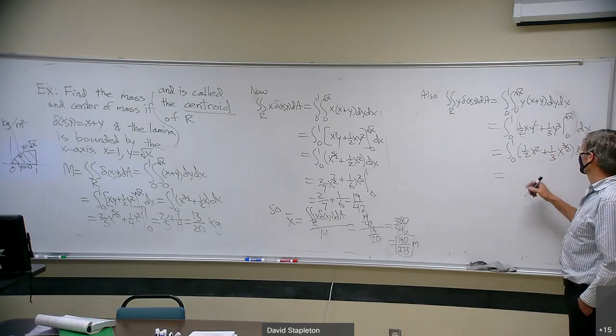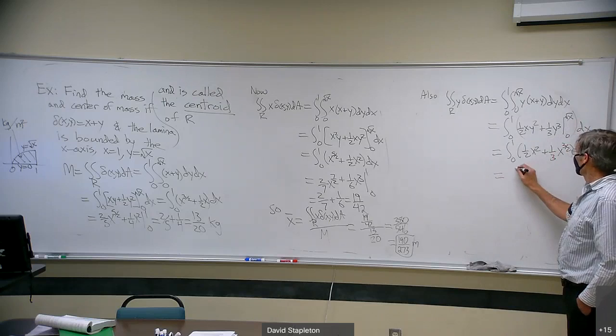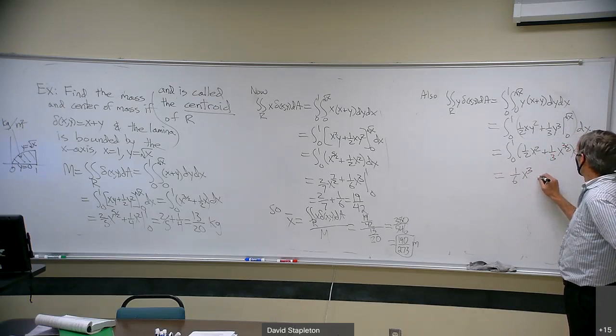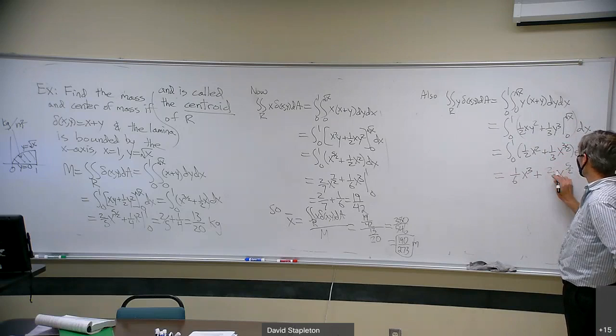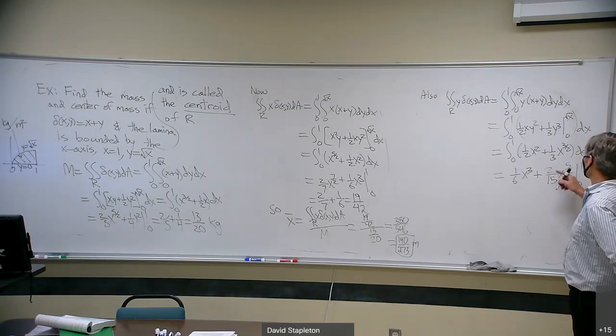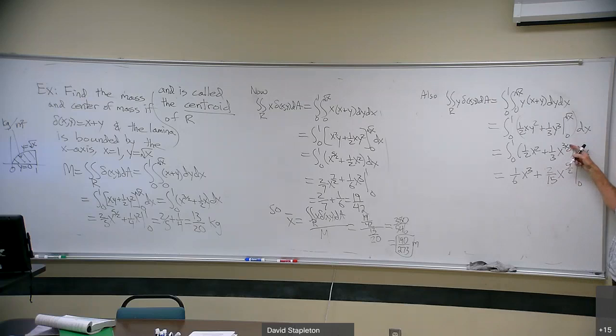Plugging in the endpoints gives us 1/6 x cubed plus the integral of x to the 3/2, which is 2/5 x to the 5/2, all times the third, giving 2/15.